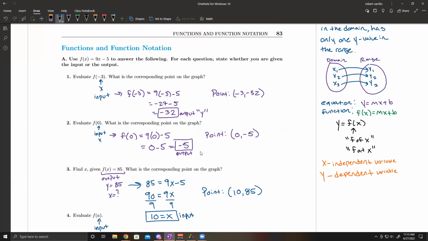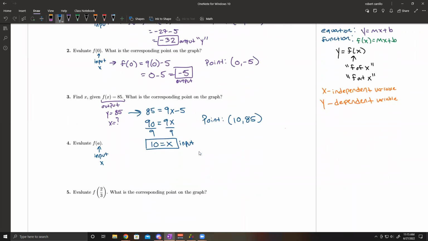So using that same function above, f of x equals 9x minus 5, we do it, and we get f of a equal to 9 times a minus 5. And there's not much we can do here. 9 times a is 9a minus 5. And that's it. You can't simplify. There's no solving. We just leave it as 9a minus 5.